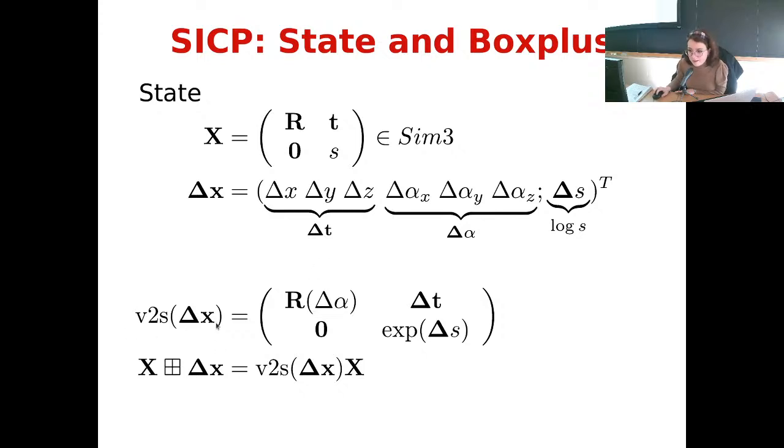V2S of delta x when delta x is equal to 0 returns an identity, meaning that x box plus delta x with delta x the 0 vector is again x. Okay, if this is clear, then everything is very simple in this exercise. So let me know if this is clear, if this makes sense.